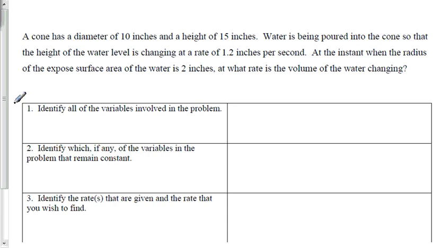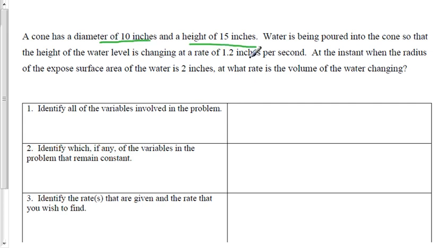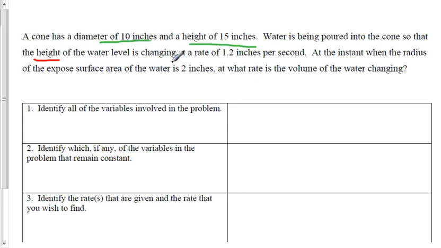So let's look at what we have for given information. The original cone has a diameter of 10, which again we want to think of in terms of radius, and a height of 15. Now, water is being poured into the cone, so the height of the water is changing. Again, the height of the water level is changing at a rate of 1.2 inches per second.